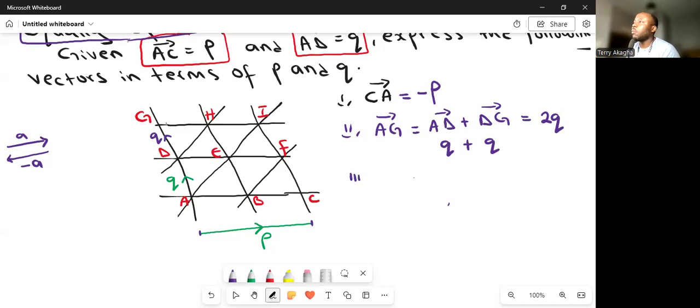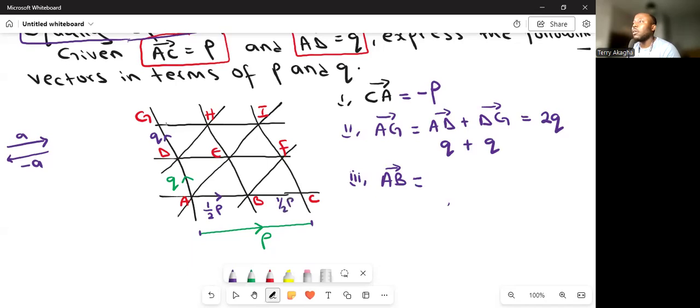Number 3, we're now told to find AB. So move from A to B. We want to move from A to B, but we already know that from A to C was P. So that means A to B is going to be 1/2 P, and B to C is also going to be what?